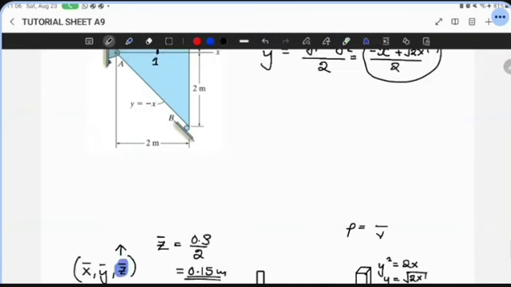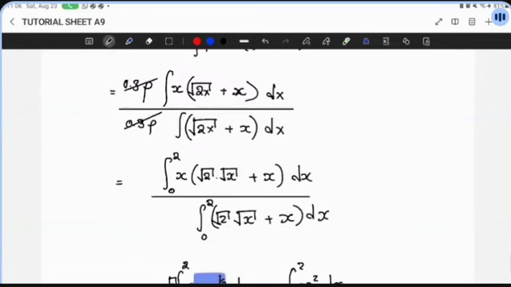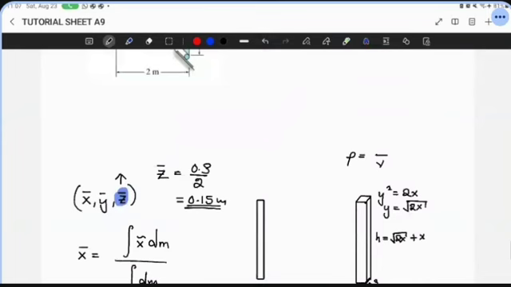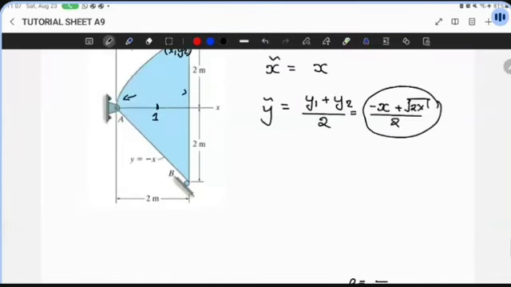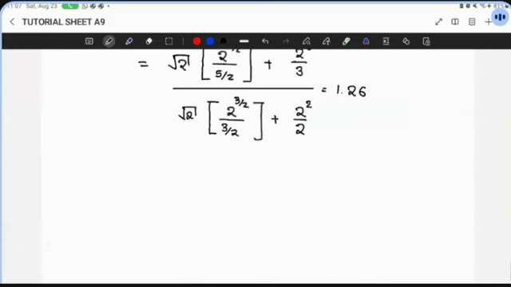Then what we have is 1.26. 1.26 is definitely beyond this point, so maybe somewhere here. So we can be slightly confident that probably we are right. So we have got the x coordinate of the center of mass.